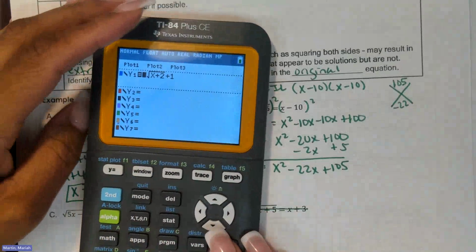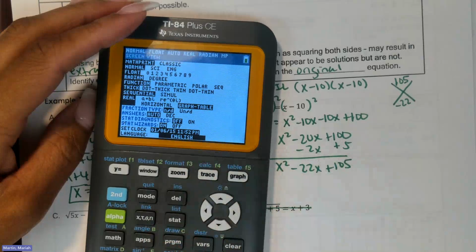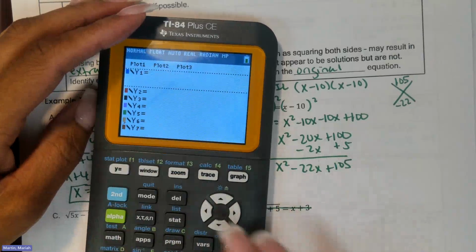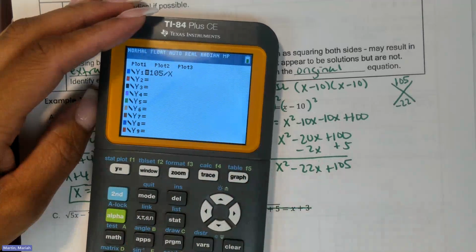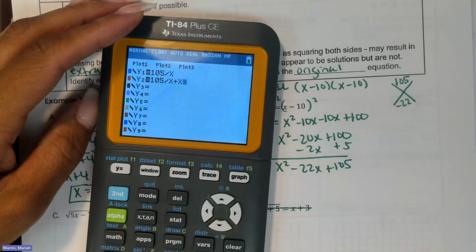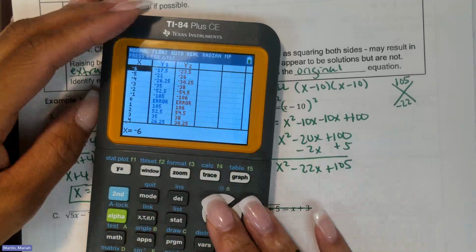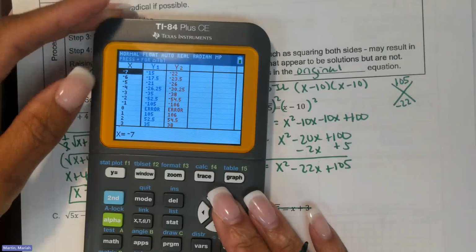So I go to y equals, change my mode to full. I'm going to do 105, the top number, divided by x. Repeat the same thing in y2, but now I'm going to add plus x on the end of it. I hit second graph. I'm looking for negative 22 in the y2 column to give me my two answers.